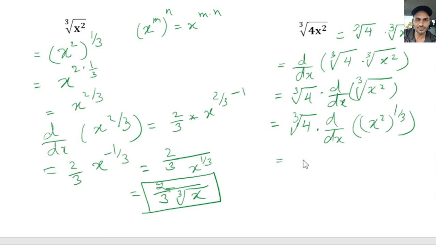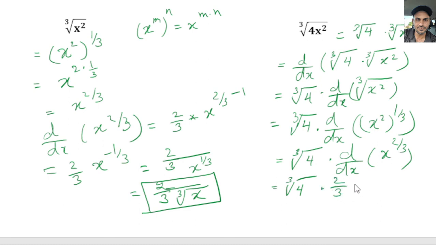So we have cube root of 4 times derivative of x to the 2/3. When we multiply these two exponents, it becomes 2/3, and now we take the derivative. So we have cube root of 4 times this 2/3 becomes the coefficient, and then x raised to the 2/3 minus 1.